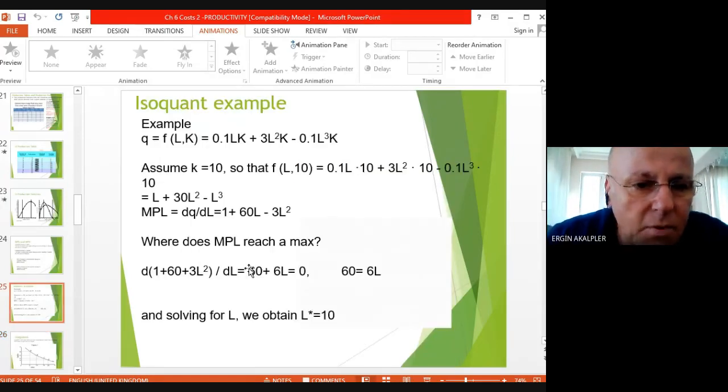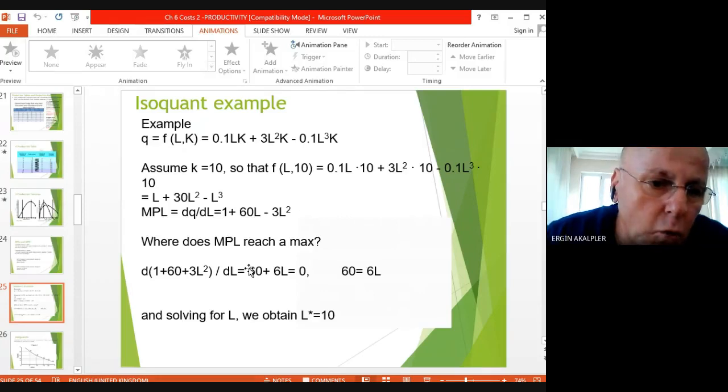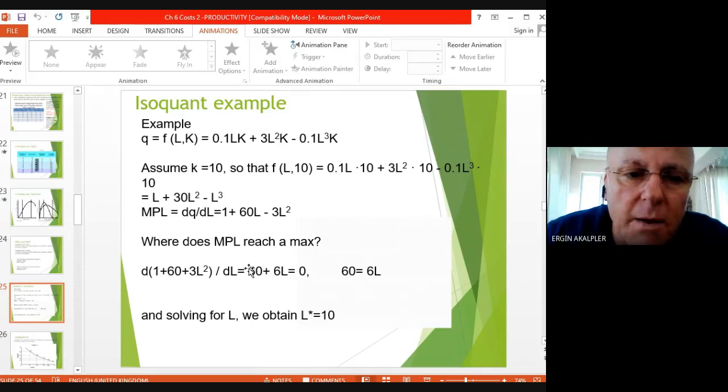In the given example here, we have Q as a production function, which is dependent on labor and capital. And of course, Q = 0.1 L K + 3 L^2 K - 0.1 L^3 K is given. Then we are assuming that capital is, of course, 10, so that the function becomes a function of labor with K = 10. Of course, then we are replacing this K with 10.